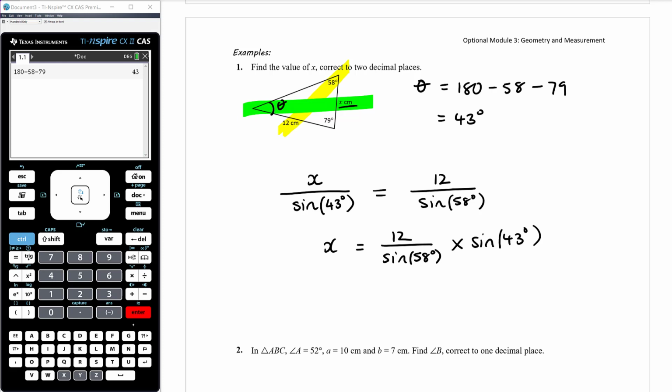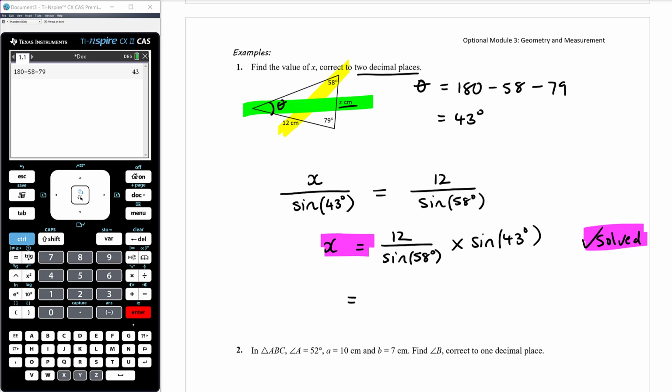And that's actually going to be much easier in terms of what I type into my CAS because I've done the solving myself. So solving means to get x on its own. Okay, so I've solved. So when you're using your CAS, you don't need to solve anything here if you've got x on its own by yourself. You just need to get your CAS to tell you what that is as a number to 2 decimal places.